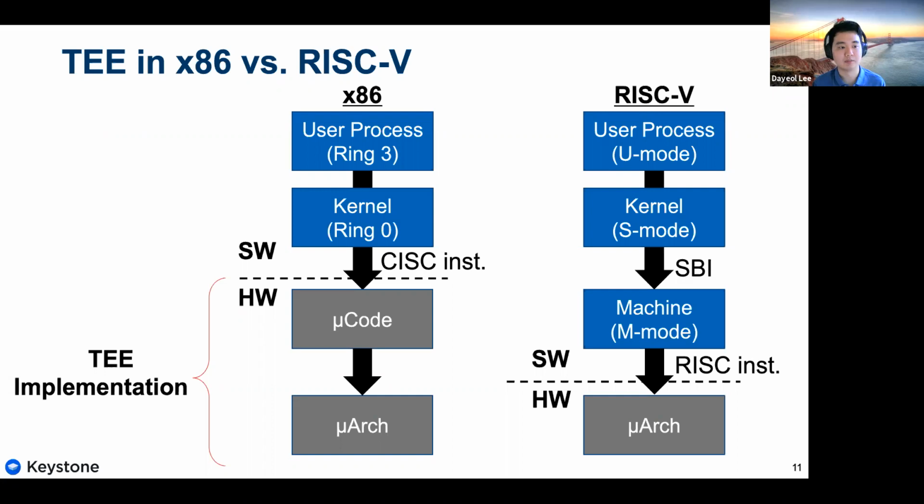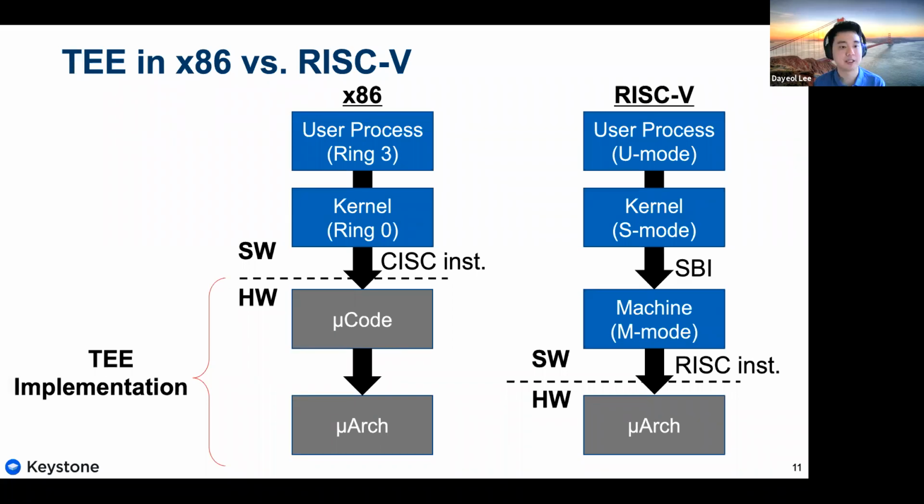But here, the difference is that both M mode and S mode share exactly the same instruction set architecture. So they share the same programming language. For example, you can program the M mode firmware in a way that you would program an S mode kernel, in C or assembly.